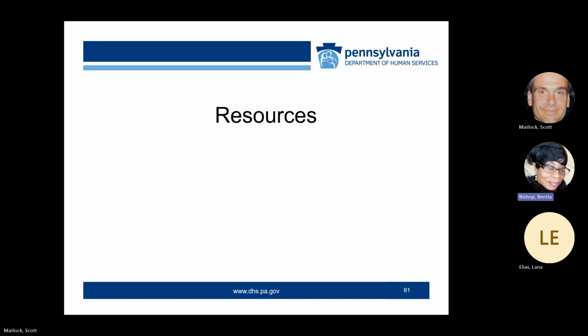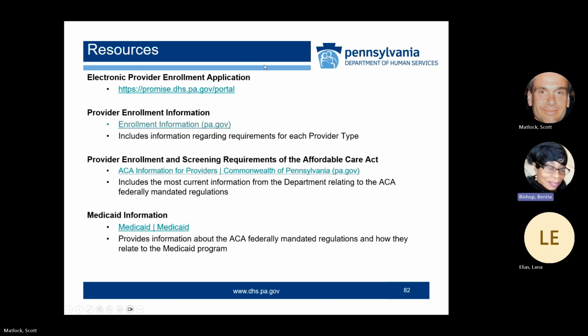Now, resources. Here we have listed all the resources that you can obtain to complete your application. The electronic provider enrollment application, here's the link. The provider enrollment information. This includes all information regarding the requirements for each provider type. We have the provider enrollment and screening requirements for the Affordable Care Act.